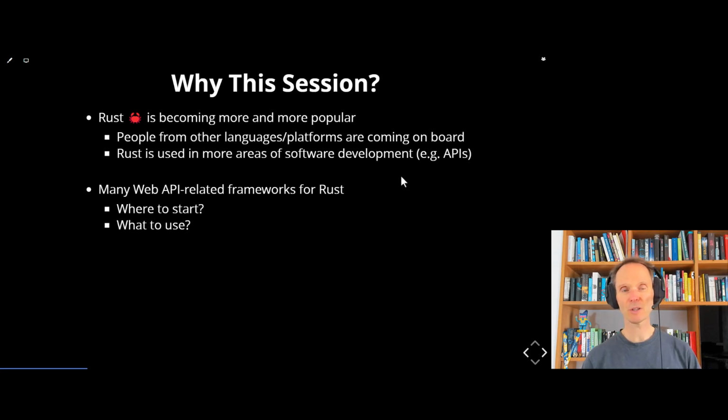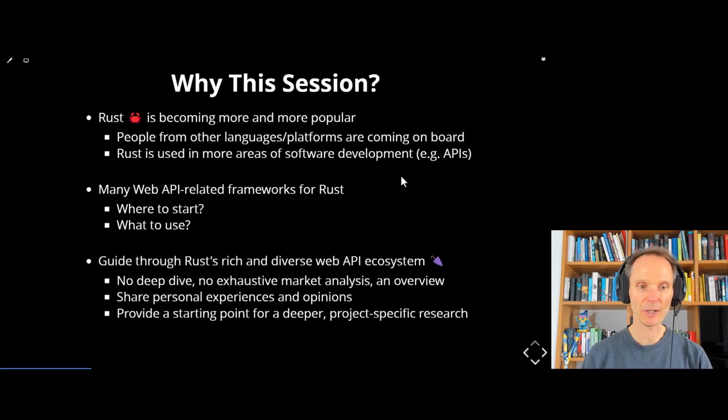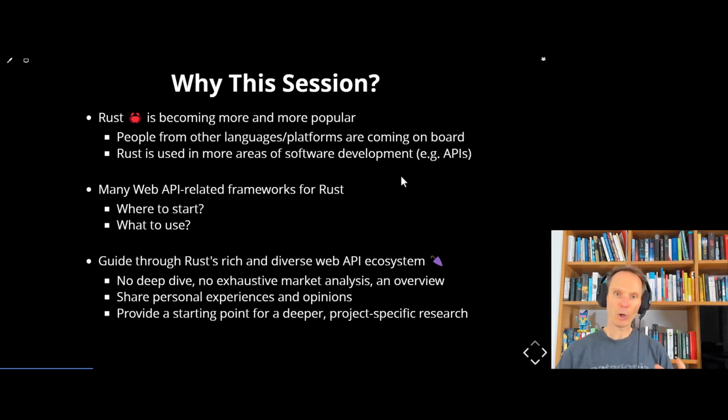So if you approach this topic, you might ask, where should I start? What should I use? What are the correct frameworks? Where are the advantages? What are the different approaches? And these are exactly the kinds of questions where I would like to give you a little bit of a starting point. So the goal of this session is to be a guide through Rust's rich and diverse web API ecosystem.